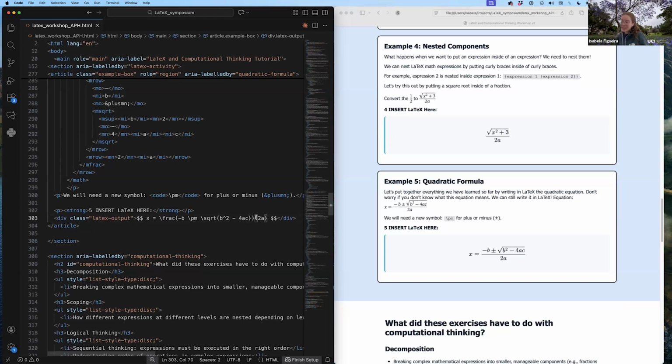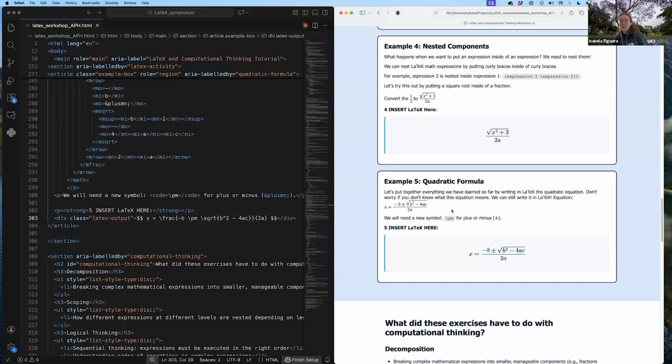But people do get used to reading this with a screen reader, and some students end up really enjoying it for their higher level math equations. So definitely start small. Don't start with the quadratic formula. Start with the smaller things like examples 1 through 3 that I showed you all, with just exponents and plus or minus and those kinds of things. And then we have a great formatted equation.